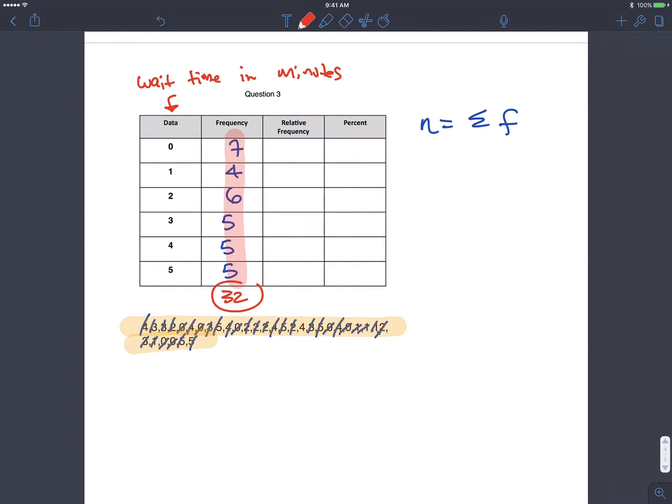So our sample size is 32. Let's double check. 7 and 4 is 11, plus 6 is 17. Add another 5, you get 22, and add another couple of 5s, you do get 32. So we add our frequencies and we did get the sample size.